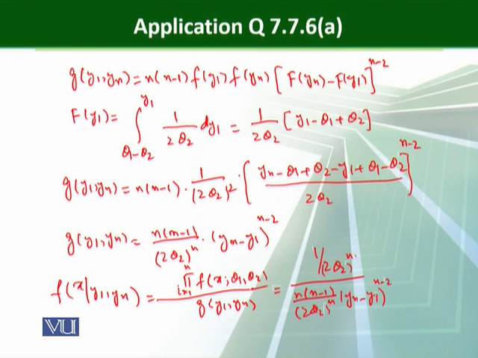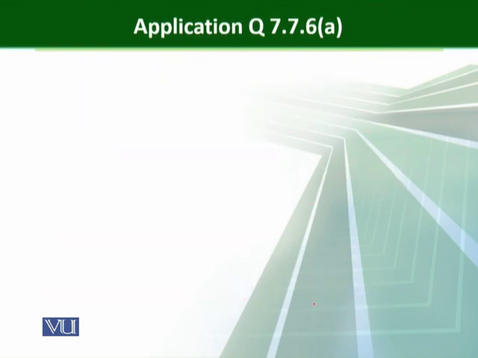After simplifying this will cancel out, and we find the net result: the conditional distribution f of x given y1, yn is equal to 1 over n into n minus 1 into yn minus y1 raised to power n minus 2.